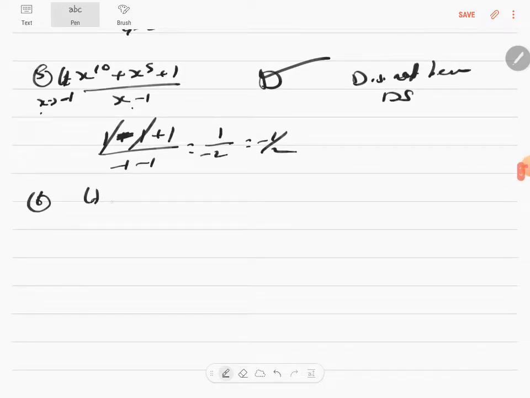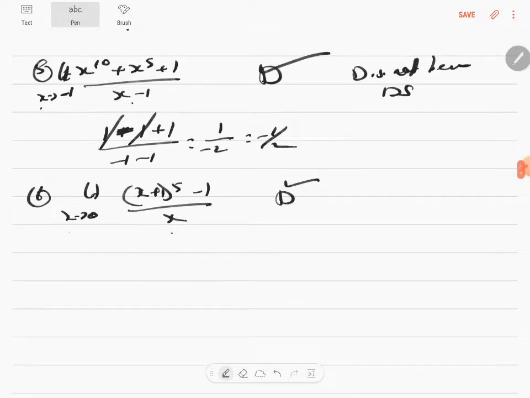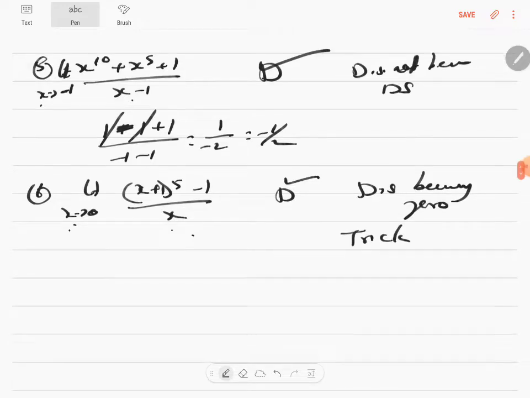Sixth question. Limit x tends to 0, x plus 1 the whole to the power 5 minus 1 by x. Can you see, is there a denominator? Yes. Is the denominator becoming 0? Yes, it is. First time the denominator is becoming 0. So therefore you need to use a trick. What is the trick to do the sum?